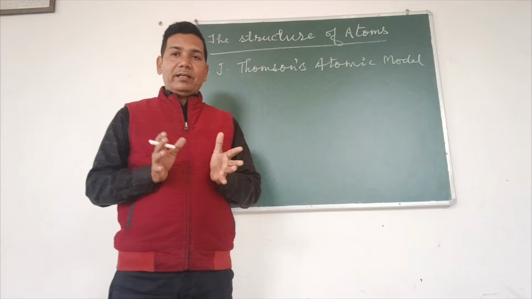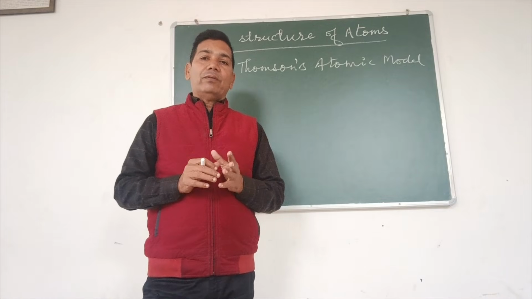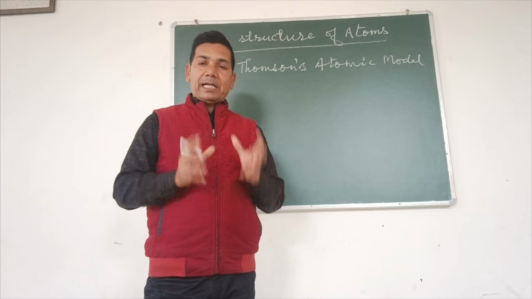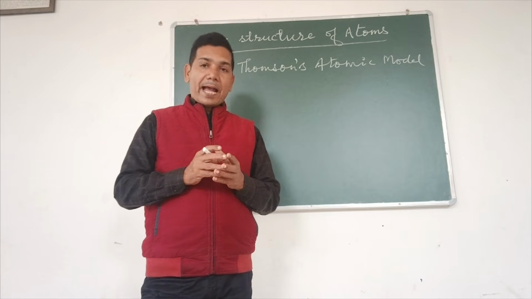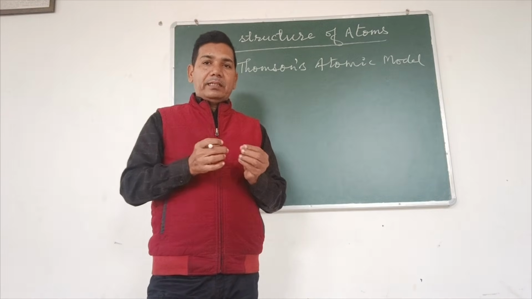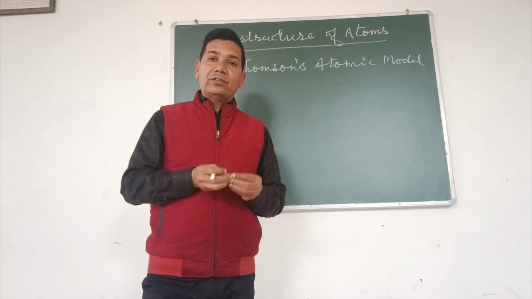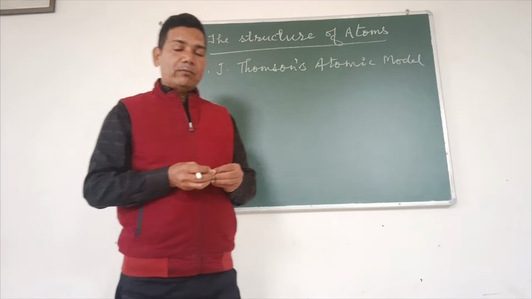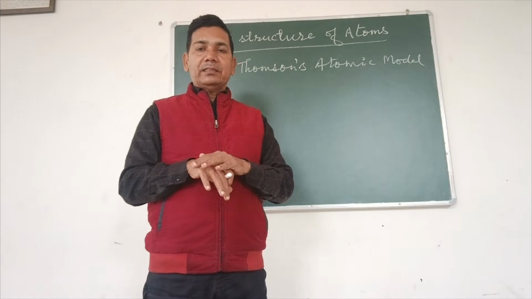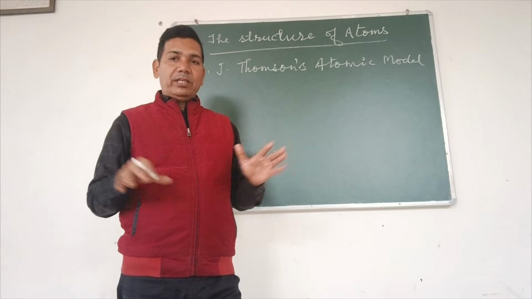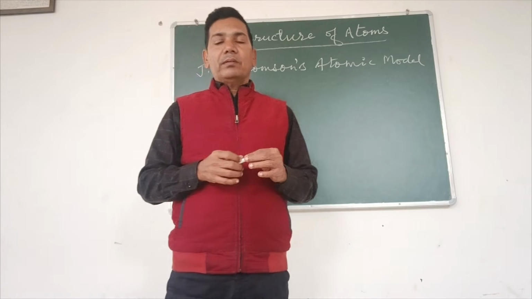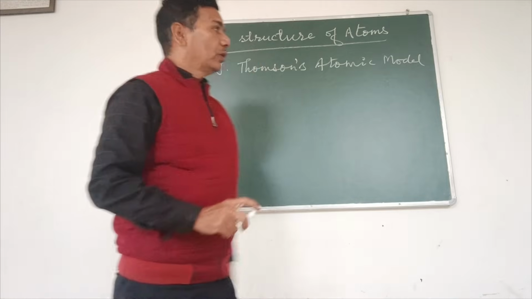In a similar manner, the mass of the atom is said to be a positive charge, and some masses of the atom, like the seeds of the watermelon, are embedded in the masses of positive charge in such a way that the net charge of the atom becomes zero.